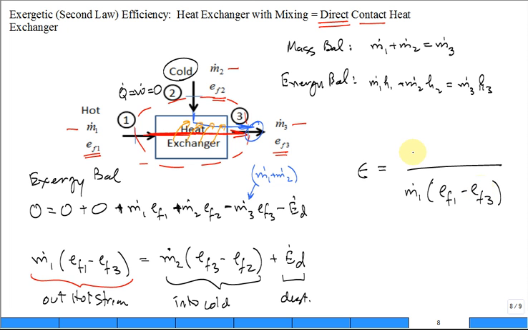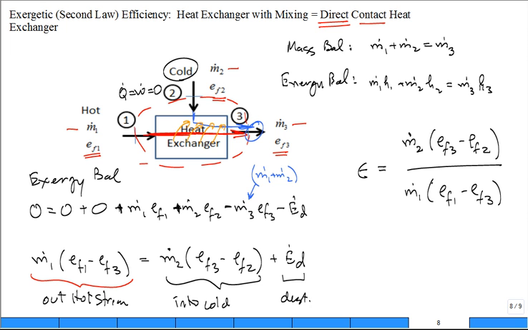And what do we want? We don't want destruction. We want as much of that to get into the cold stream. I pause, I let you digest. Does it look good? Good? You ready to apply it to a problem?